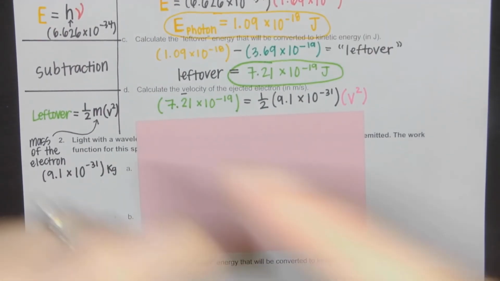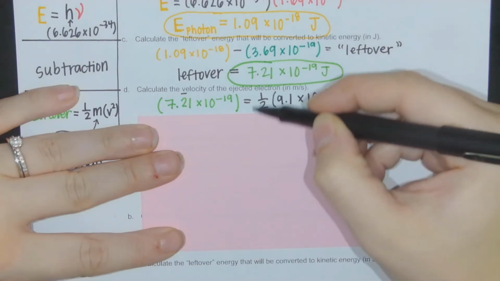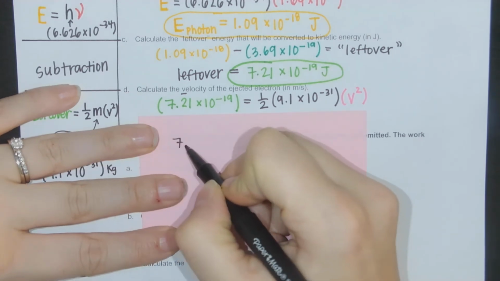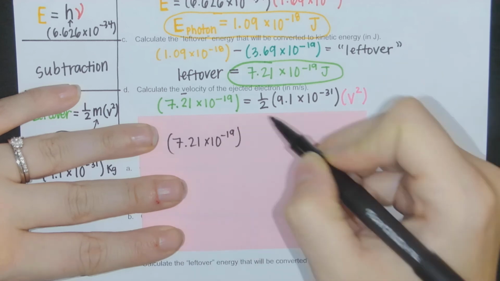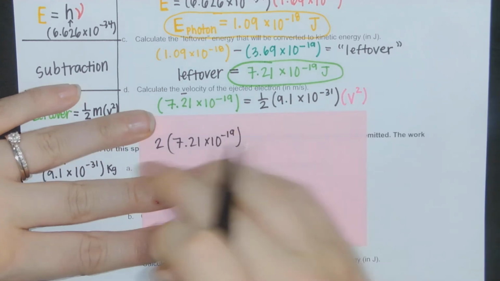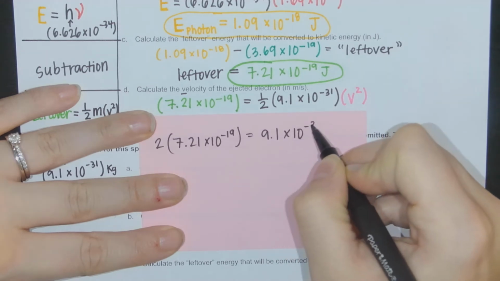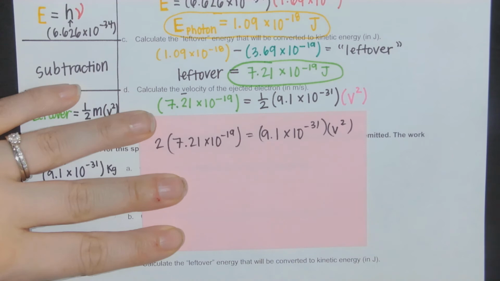Okay, so everything on the pink sheet is just showing how to do this math. So right here, in order to get rid of the 1/2, we're going to multiply this side by 2. So 7.21 times 10 to the negative 19th, we're going to multiply this side by 2. 2 times that equals 9.1 times 10 to the negative 31 v squared.